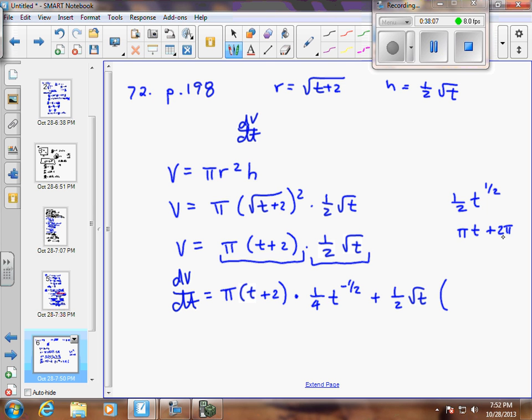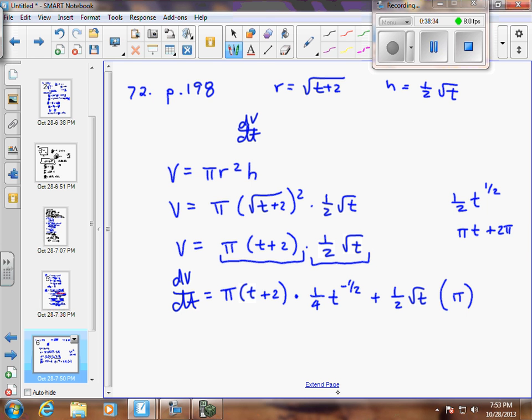The derivative of pi t plus 2 pi is pi. T is the variable. This is like 2t plus a number, so it's just the coefficient of the t. So when it's just pi by itself and there's no x or y with it, then it's just 0. Right.